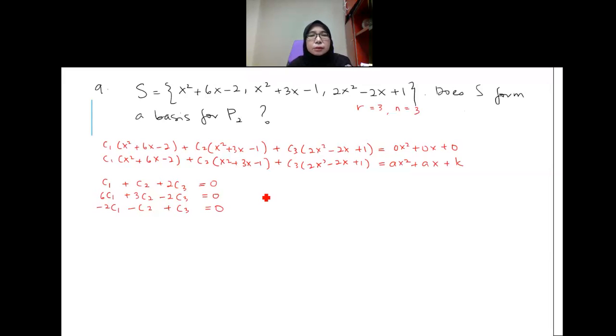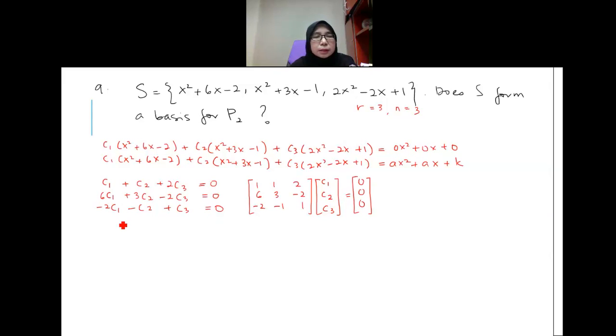Done. So form a matrix equation: 1, 1, 2, 6, 3, negative 2, negative 2, negative 1, 1. The variable matrix is C1, C2, C3, and the constant matrix is 0, 0, 0.